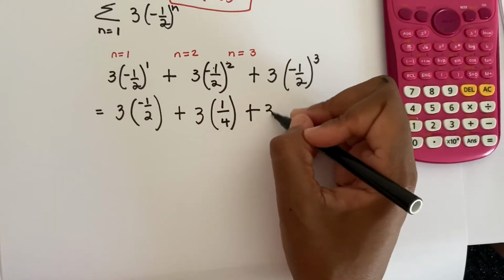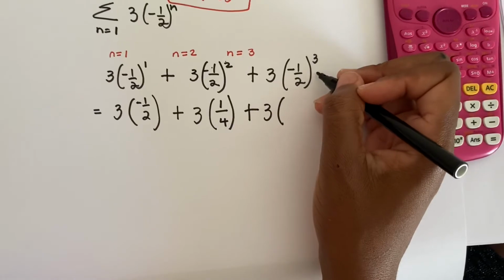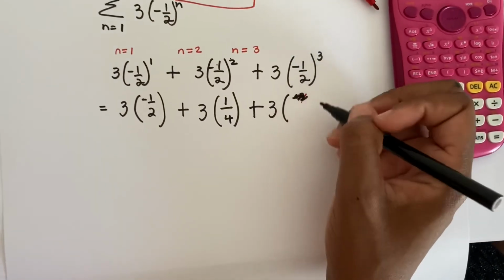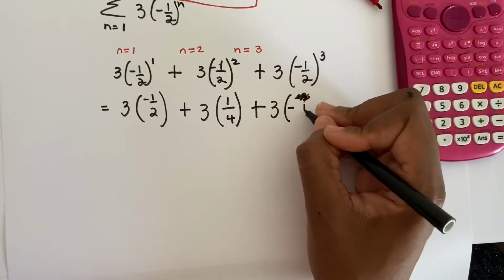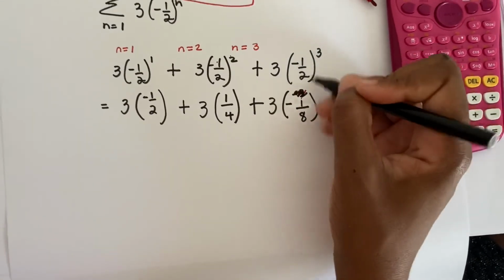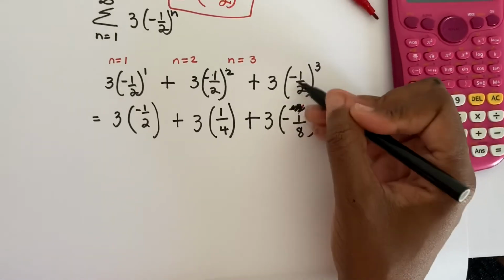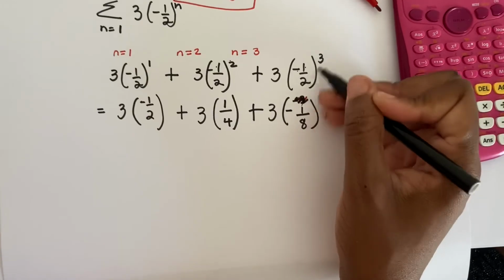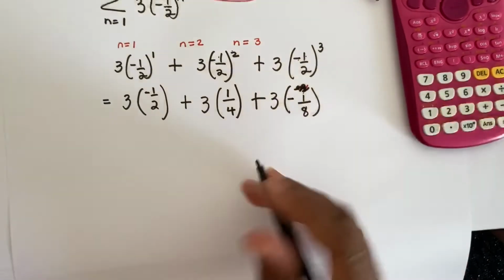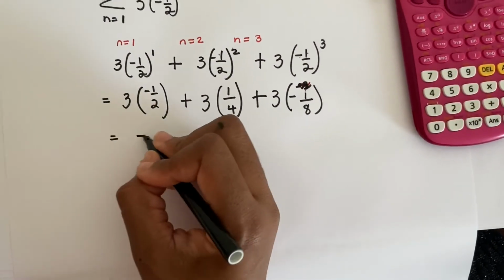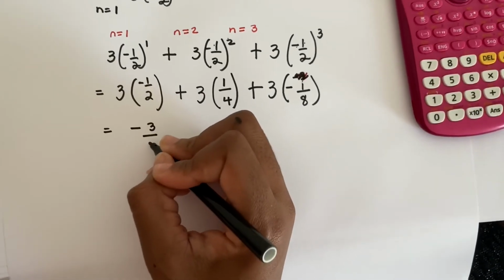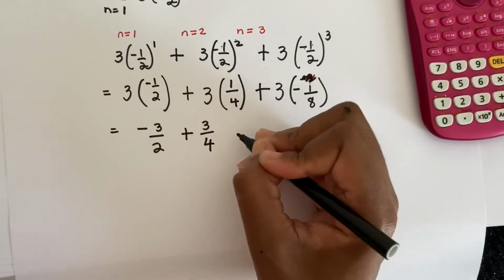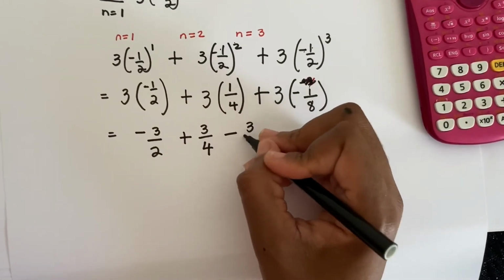Plus 3 times negative 1 to the power 3, which is negative 1, over 2 to the power 3, which is 8. So this is negative 3 over 2, plus 3 over 4, minus 3 over 8.